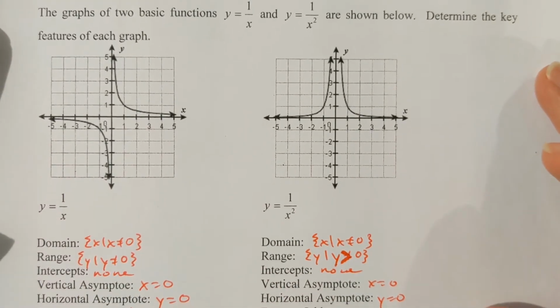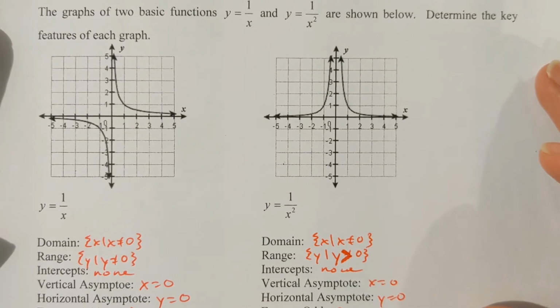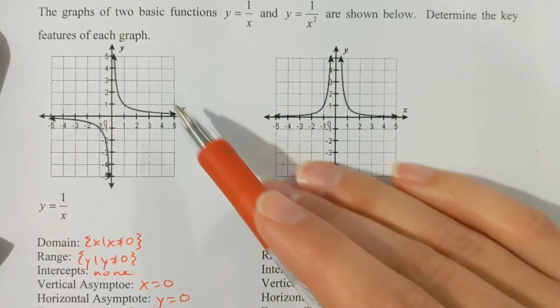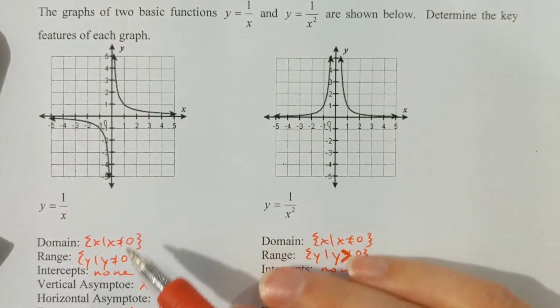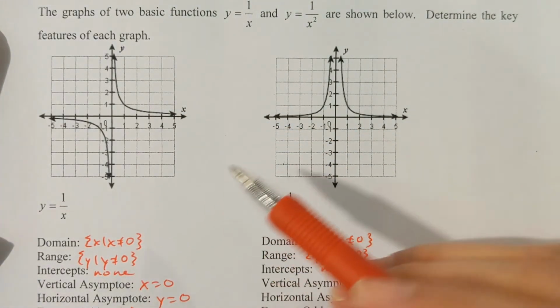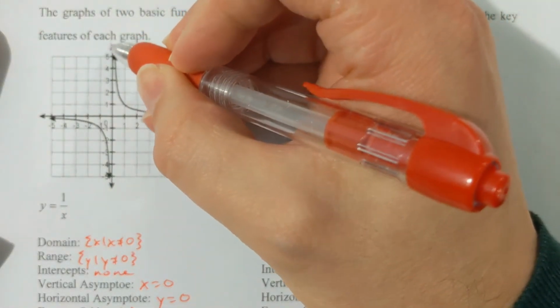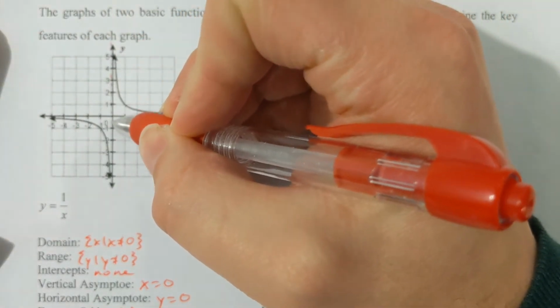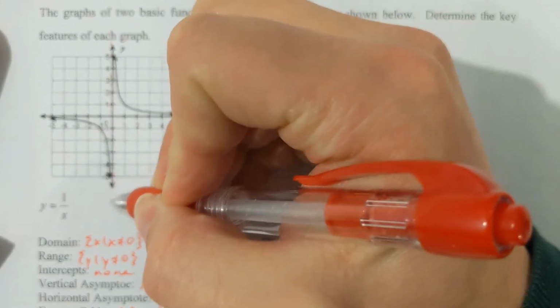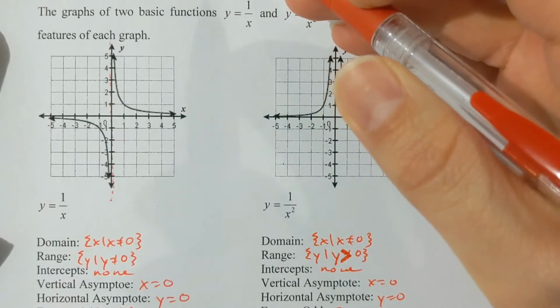What that means to us is that this curve is going to be approaching the two axes, but it's never going to get there, okay, because x can't be 0 and y can't be 0. Therefore, we're going to have a vertical asymptote at x equals 0. We use a dotted line to represent an asymptote, okay?